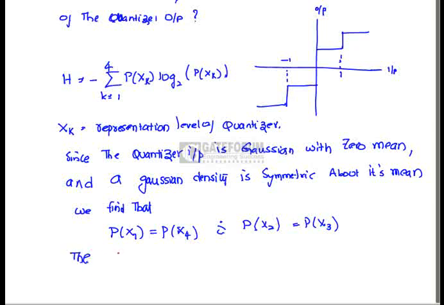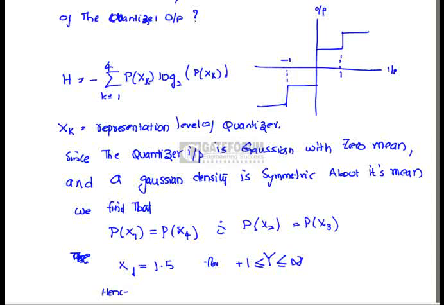The representation level x1 equals 1.5 for y, which is the quantizer input, from 1 to infinity.